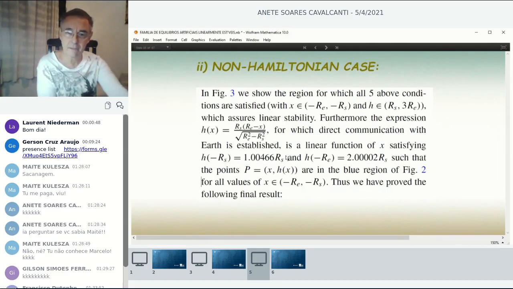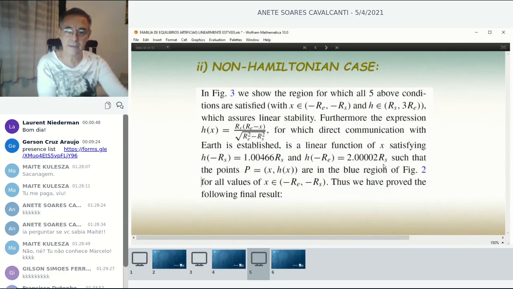Okay, and that's what I mean here. Also, this expression for h in function of x is linear in x and satisfies both these relations here.